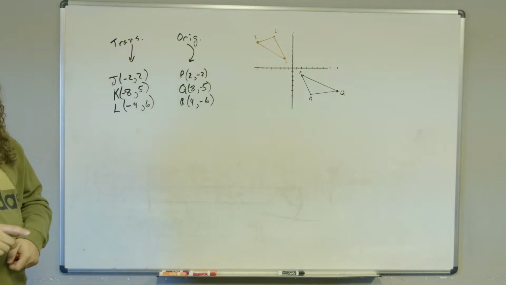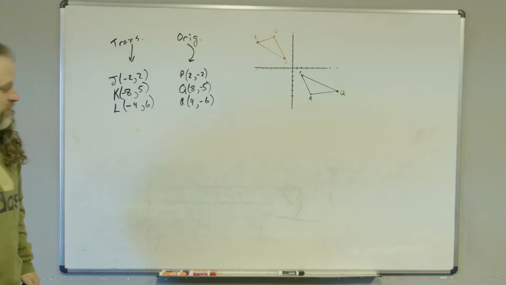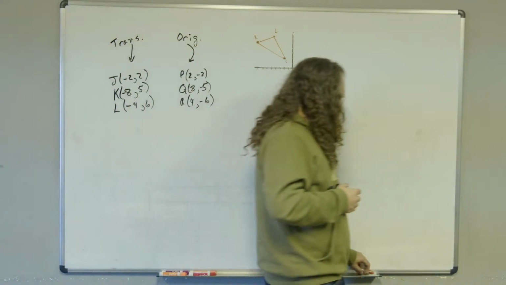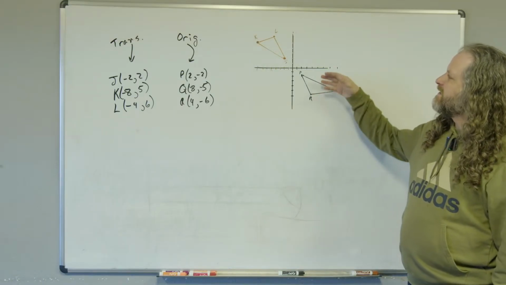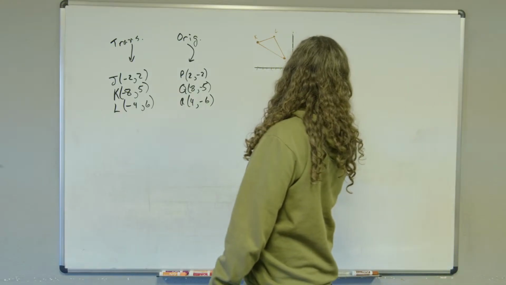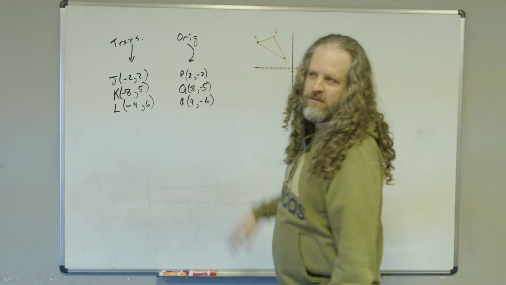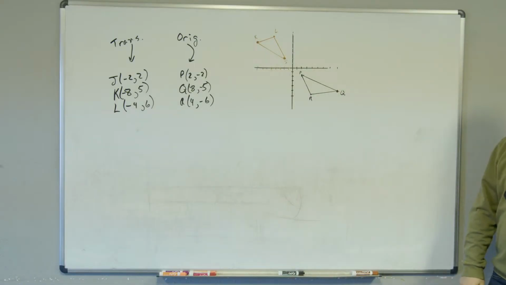No, it's definitely not. So it's not just a translation, right? Now maybe it's two things, maybe, but it's definitely not just a translation, but is it a reflection? Could we take it and go, no. Okay, so hopefully it's a rotation. Let's take a look at it.